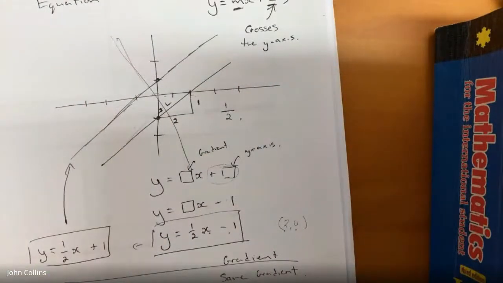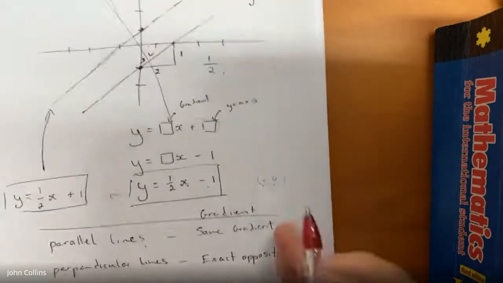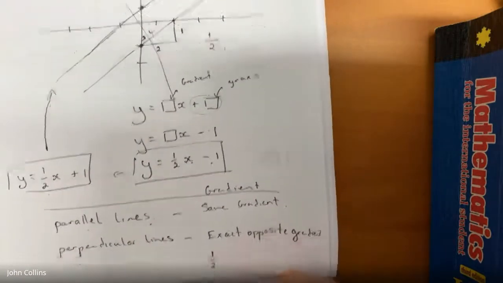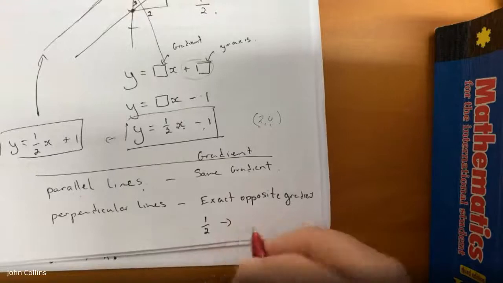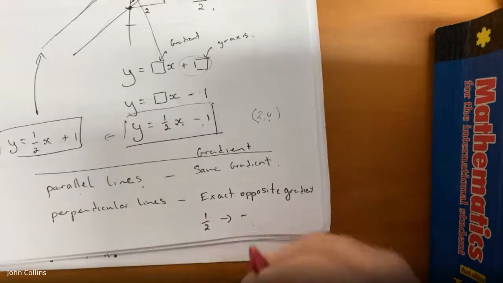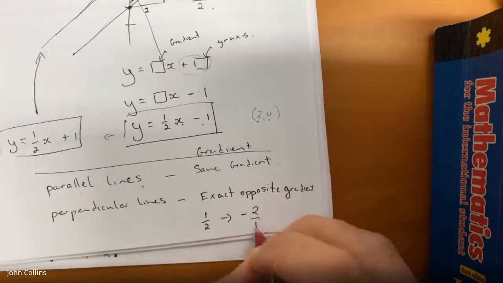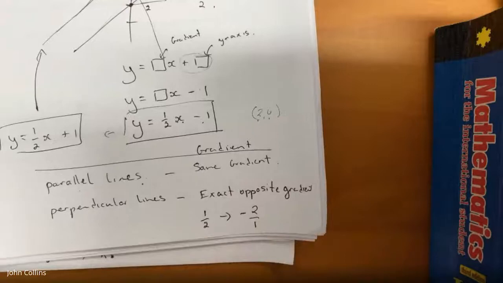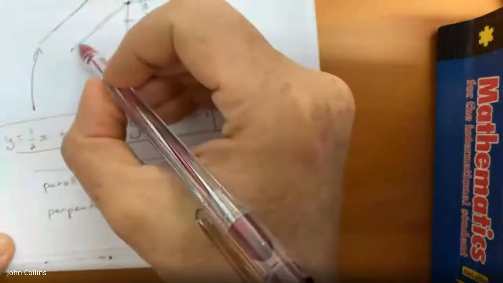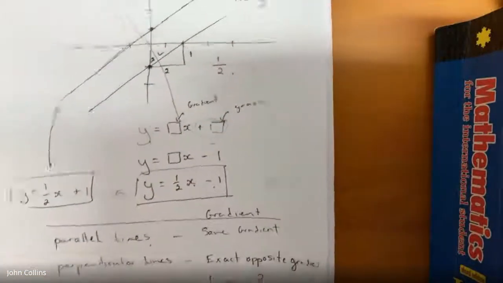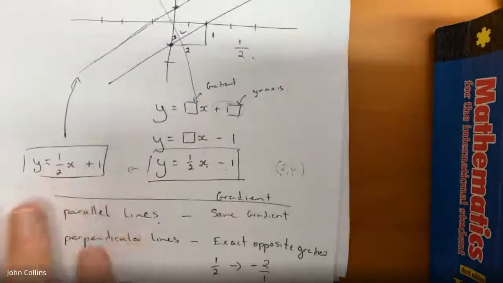And it's actually the complete flip. So if one has a slope of a half, its perpendicular slope would have a slope of minus 2 over 1. It'd have to go the opposite direction to catch it, and if this one is a gentle slope, this one would have to be a sharp slope. Okay, and that is perpendicular lines.